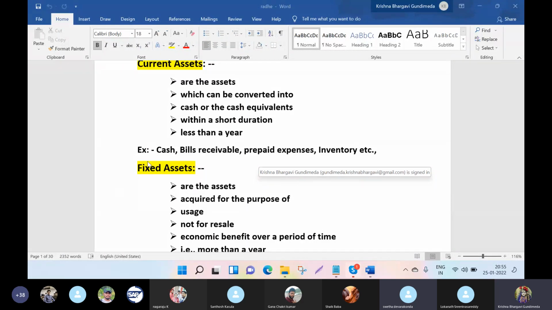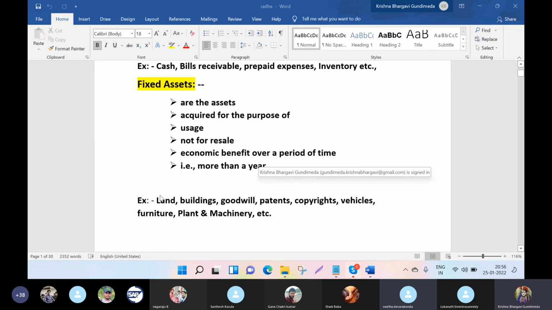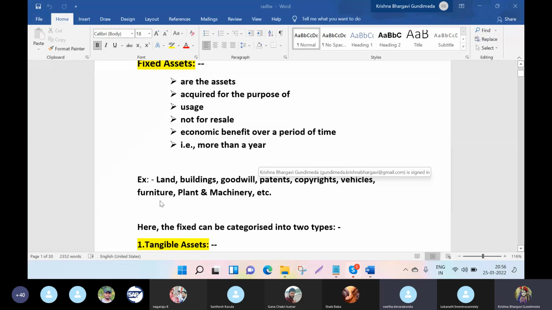Tangible assets means the assets which have physical existence. That means we can touch it or feel it, it has visibility and we can see it. So the tangible assets are the assets which have physical existence and also visibility. For example, land, buildings, machinery, tools, equipment, etc.